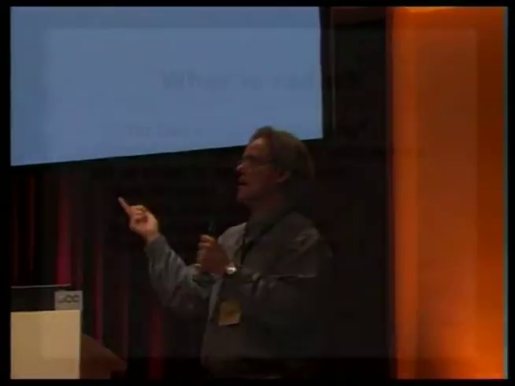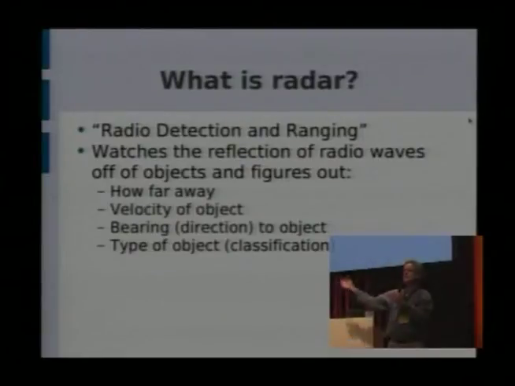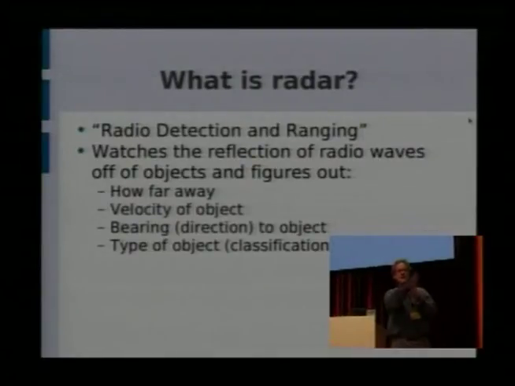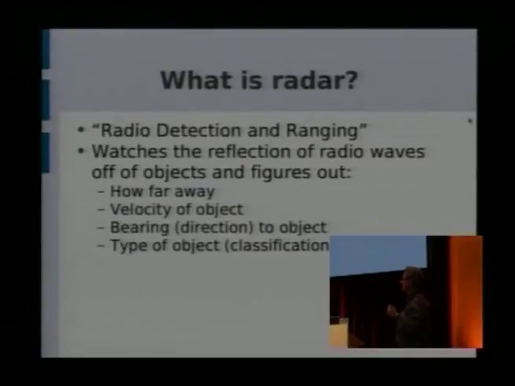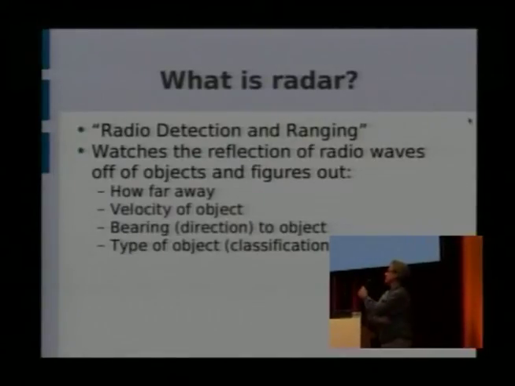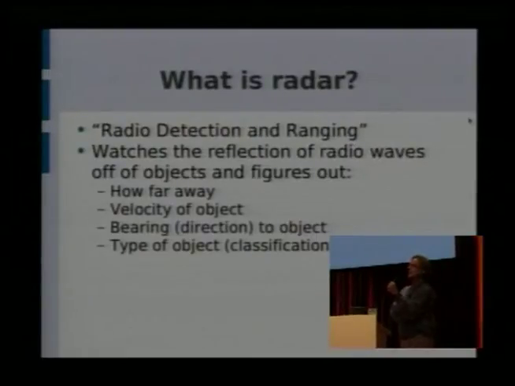Then there's bearing, the direction of the object. Typical airport surveillance radar has a thing that spins around, so they get the bearing by mechanically knowing which way the antenna was pointed. Some of the bleeding edge stuff, very popular in certain areas, is the idea that I should be able to tell what kind of object it is.